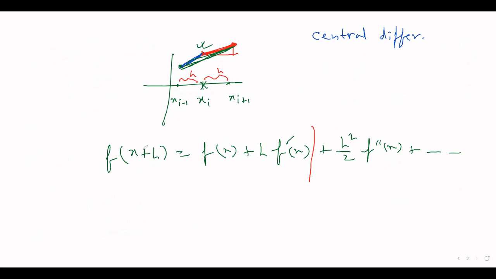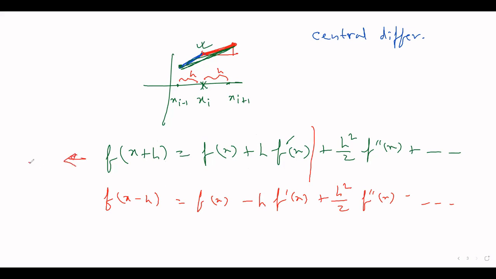What we can also do is replace h by minus h to get a different formula that looks like this. Then this one is the forward difference formula. This one is the backward difference formula.